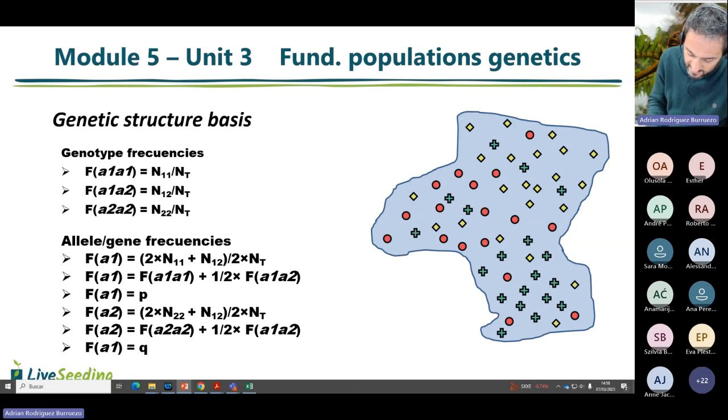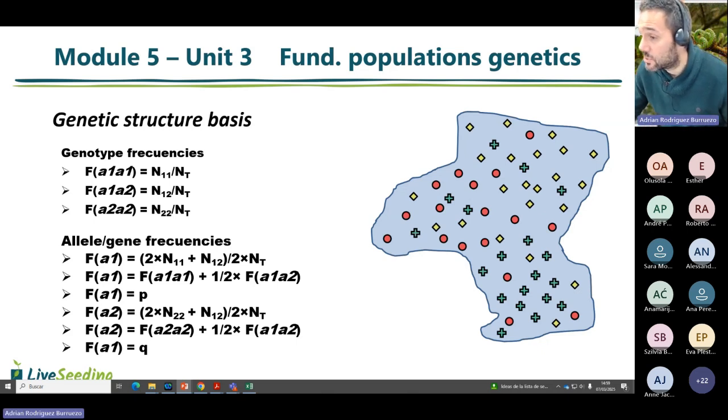And then everything divided by 2 times 58. So this makes 34 plus 22 above and 116 below, 46 divided by 116, which makes approximately 0.4.